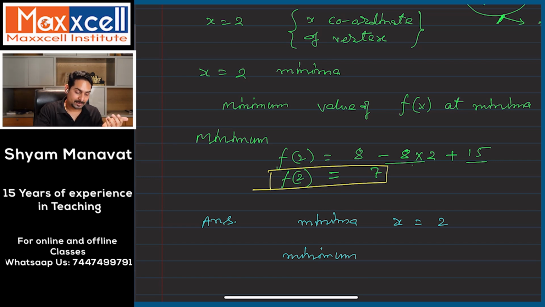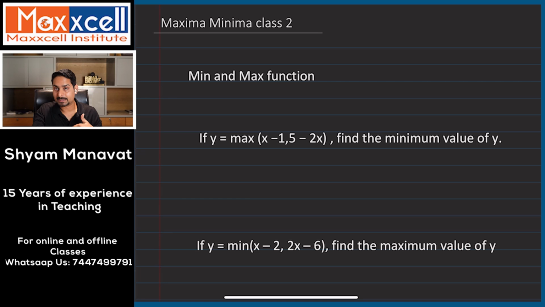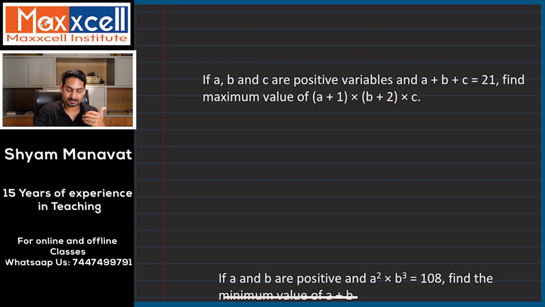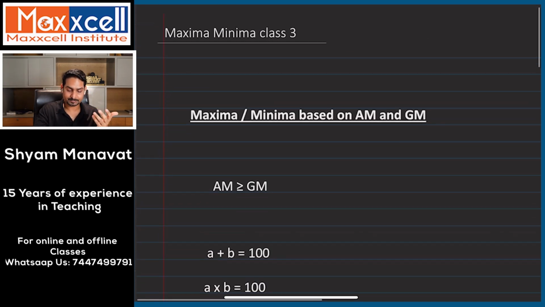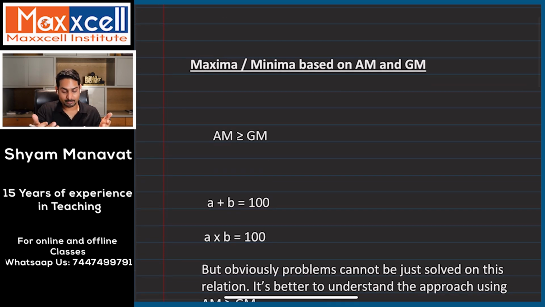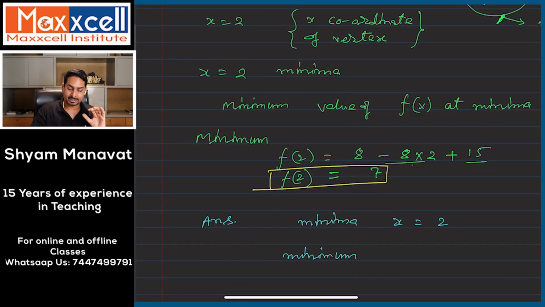Or you have, say, a maxima minima function given to you, or you have some product and arithmetic mean, geometric mean concept. So it depends. So whenever you have question of maxima minima, you cannot define that into a particular way of solving. You need to identify what type of question it is, what type of equation it is, and then accordingly act. So far in this particular lecture, we are focusing on finding maxima minima for quadratic functions.